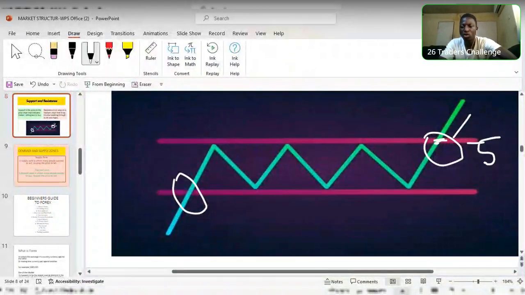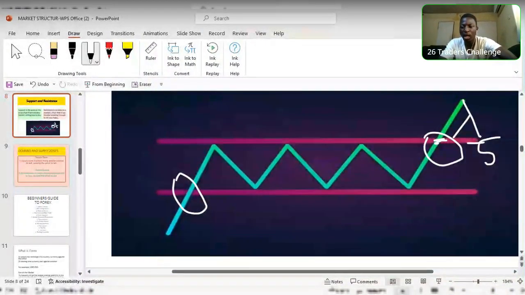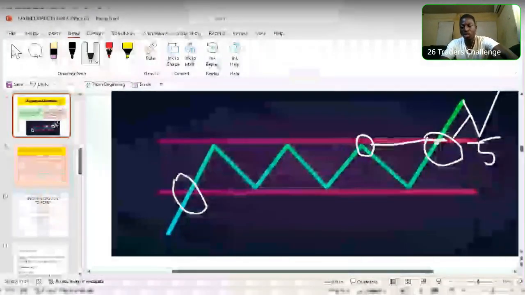That's turned to a support zone simply because the market is going to retrace back here and push to create another higher high for us. Number one, this is a break of structure, or a change of character to the upside. We have broken this initial range, and this has been a ranging market.